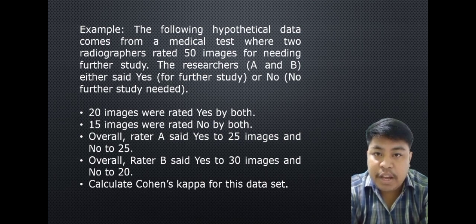Overall, rater A said yes to 25 images and no to 25. Overall, rater B said yes to 30 images and no to 20. So, calculate the Cohen's kappa for this data set.